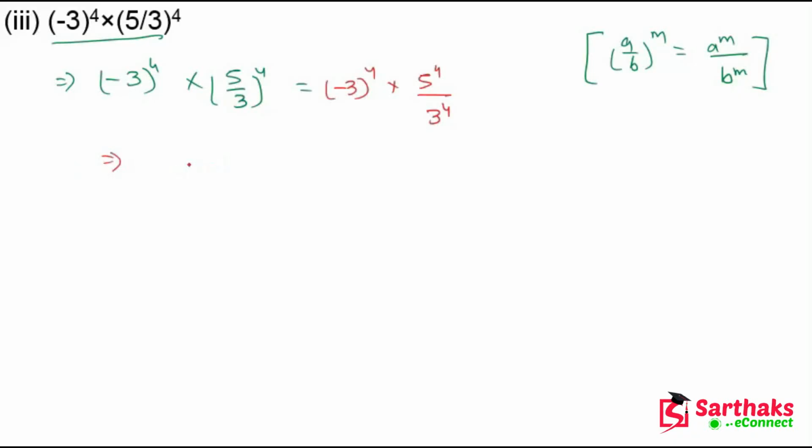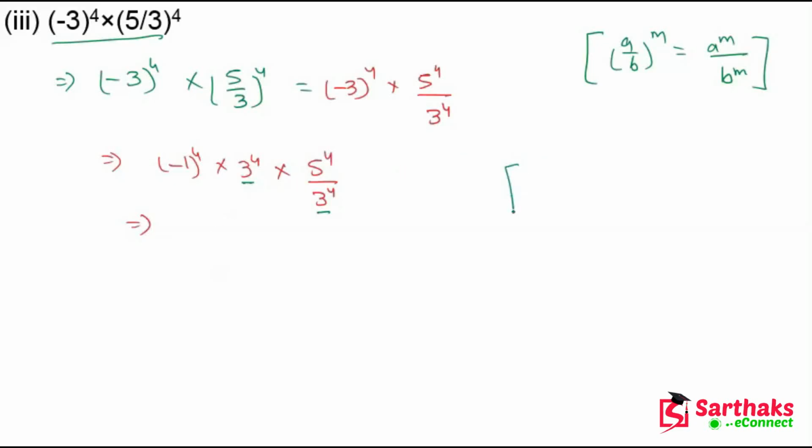We can write it as minus 1 raised to power 4 into 3 raised to power 4 into 5 raised to power 4 upon 3 raised to power 4. Minus 1 raised to power 4 will become positive. Here we have 3 raised to power 4 and 3 raised to power 4.